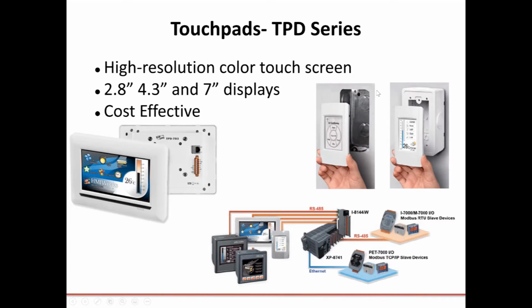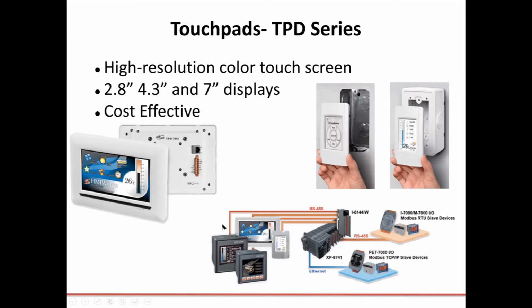There on the right is one of the TPD-280 series, the 2.8-inch screen, and it has two mounting options. It either mounts inside the wall, inside the electrical box, or with the external wall box, as you see. And there's the TPD-700s, the 7-inch screen there on the left, and that's just a simple application diagram there on the bottom.